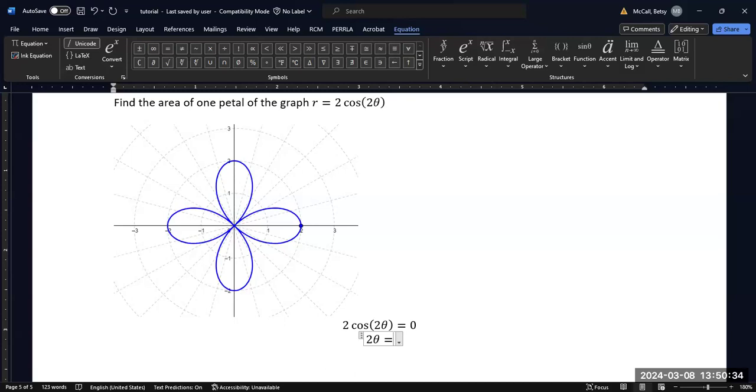Cosine of theta is going to be equal to 0 for pi over 2 and negative pi over 2, etc. Odd multiples of pi over 2.